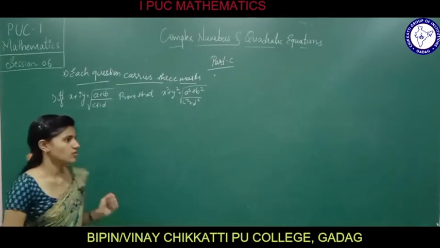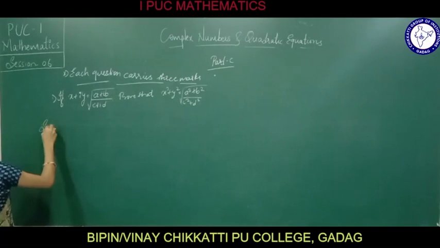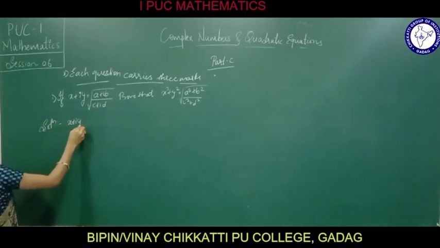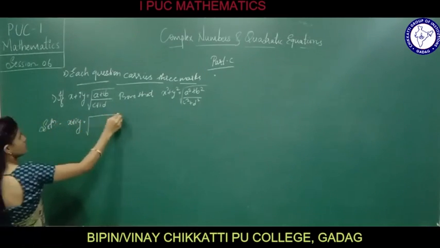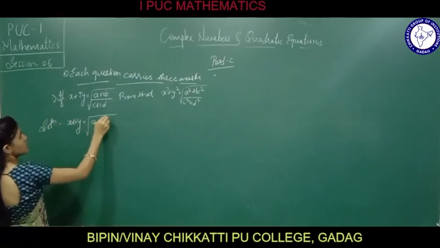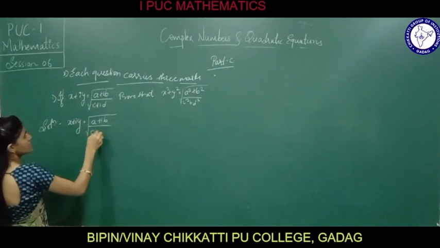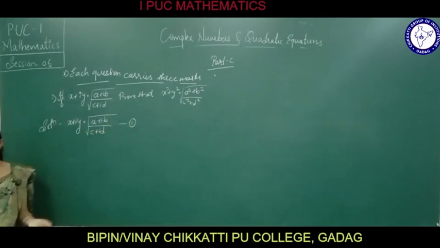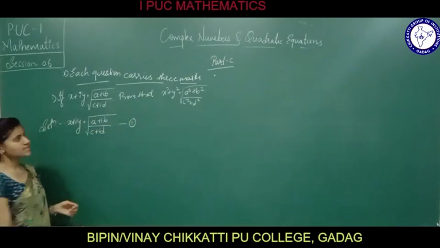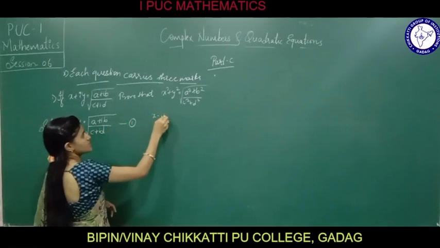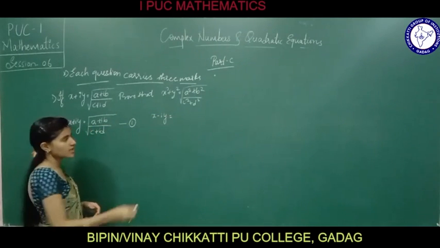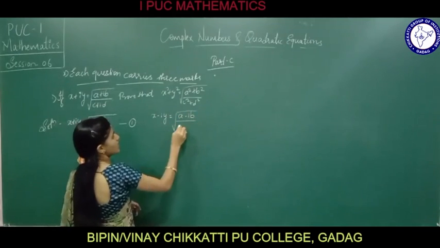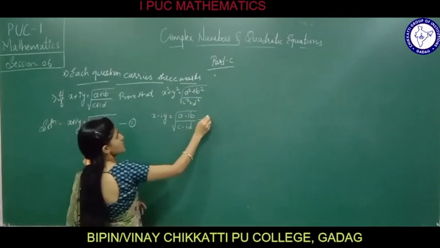Let us start solving. So, solution, what they have given? x plus iy will be equal to root of a plus ib divided by c plus id. Let us consider this as 1. And also what we will do is consider x minus iy. This can be written as root of a minus ib divided by c minus id.